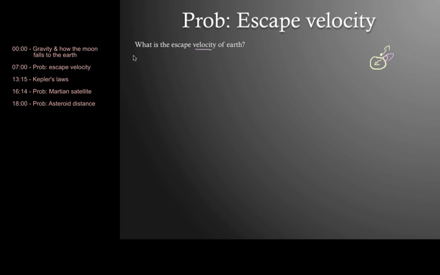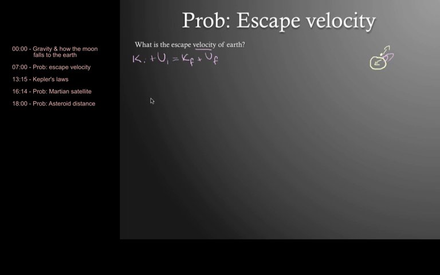So the easiest way to do this is to look at conservation of energy. So the initial kinetic energy plus the initial gravitational energy is going to be equal to the final kinetic energy plus the final gravitational potential energy.